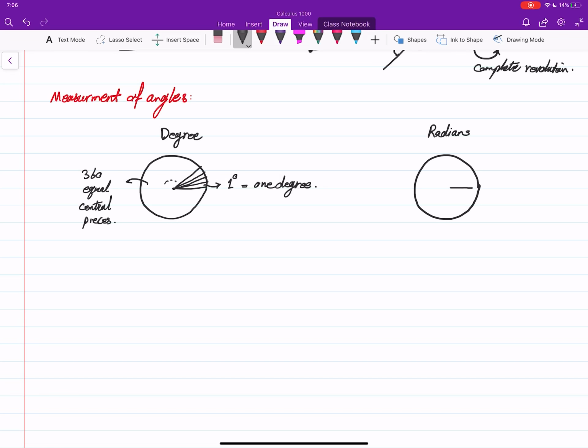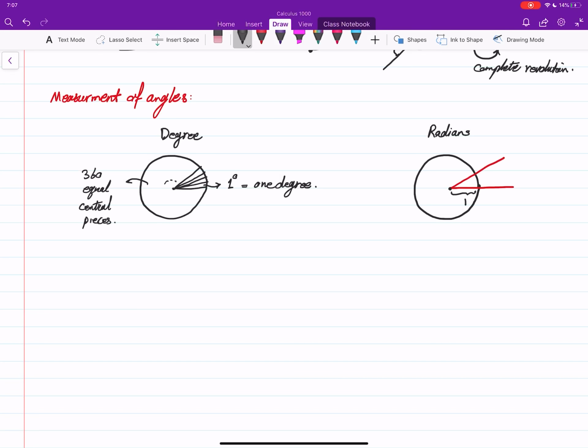So first, what you do is that you set your angle to be a central angle of a unit circle. What does central mean? Central means that the vertex of the angle is at the center of the circle, and unit circle means that its radius is 1.